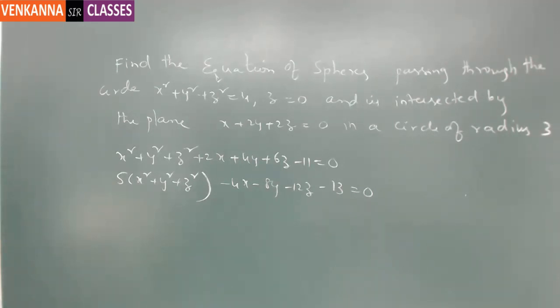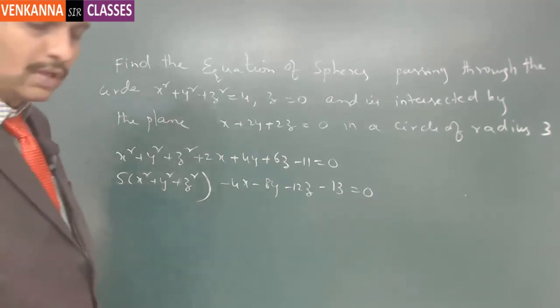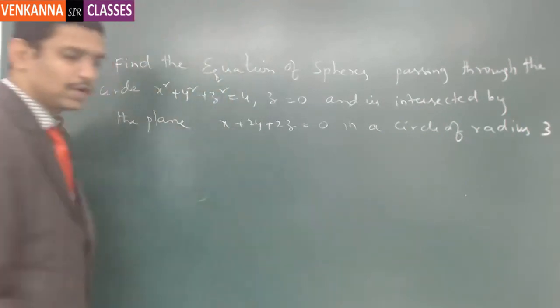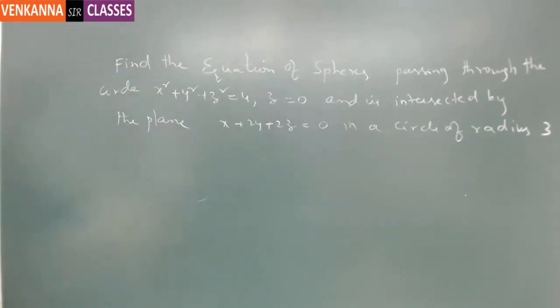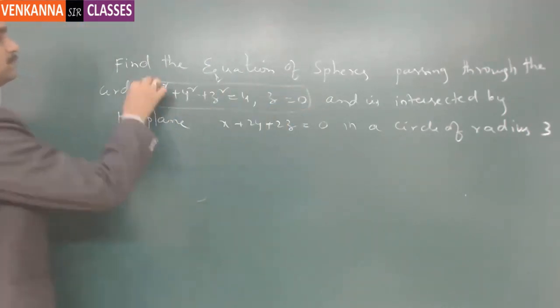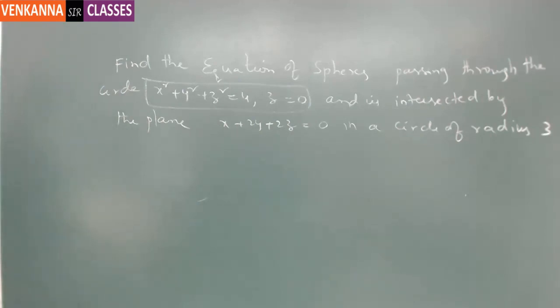Now, the procedure is very similar. The same formula we are going to use. So first of all, a circle is given. This is our circle. So first we calculate the sphere equation using S plus lambda P equal to 0.